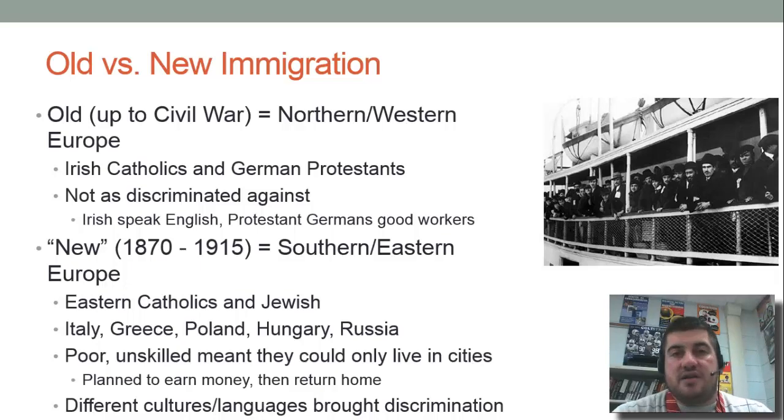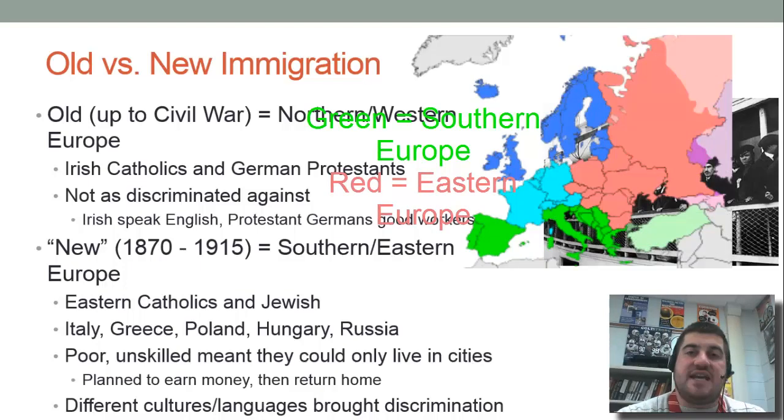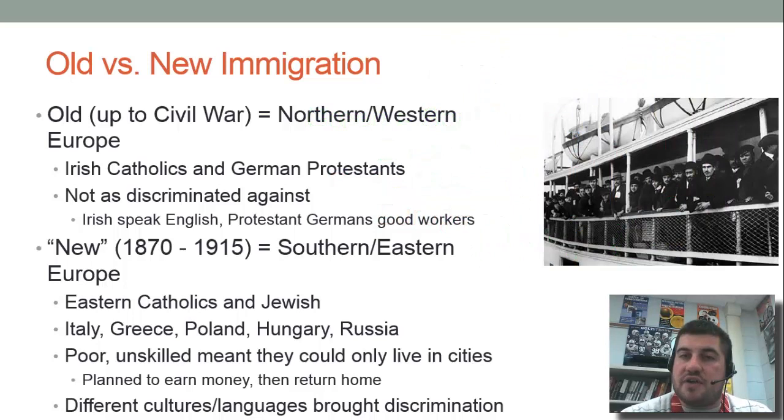This new wave of immigration is coming from Southern and Eastern Europe. And these are Eastern Catholics, which is a completely different religion from the Western Roman Catholics, and Jews. They're coming from places like Italy, Greece, Poland, Hungary, Russia, and these people are poor. Coming to America means they only really can live in a cheap house in a city.